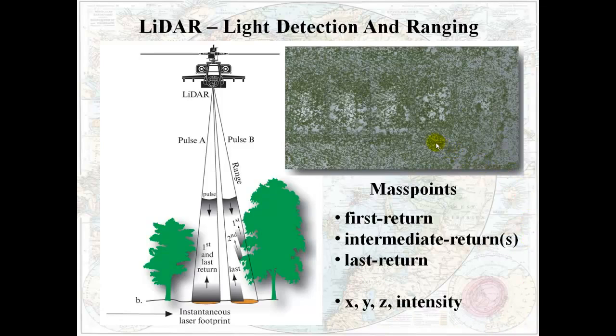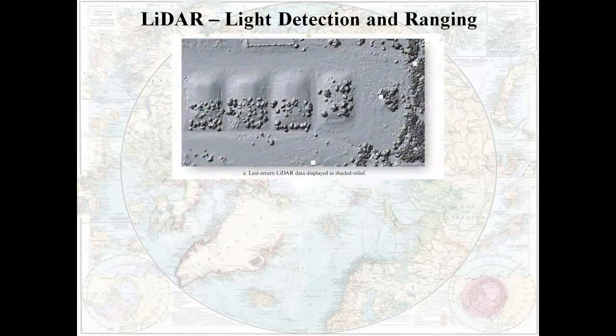What you get in these are the location, X, Y, and because of the ranging, the Z for each of these points, and the intensity. So you're getting a lot of information, and it's all laser based, so it's quick, it's fast, and you have really small spatial resolution, which means you're able to detect things that are separated on the order of centimeters as opposed to feet and meters.